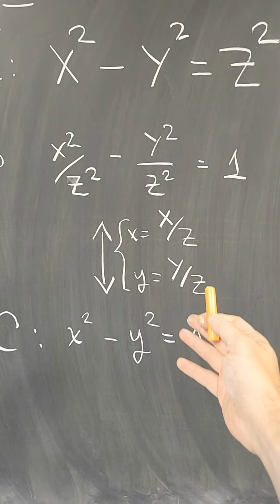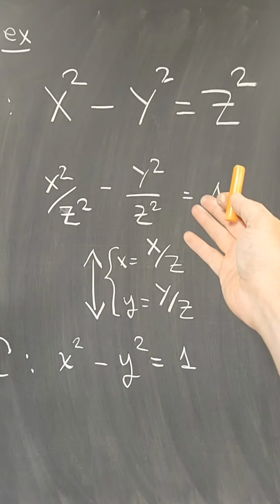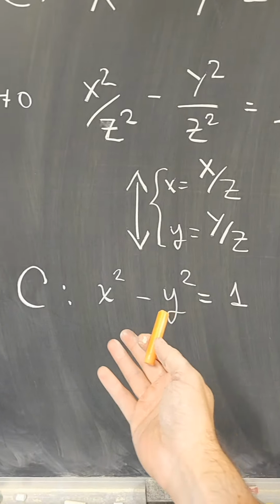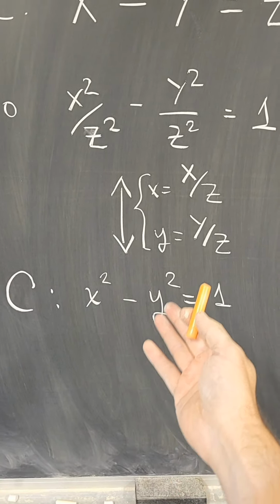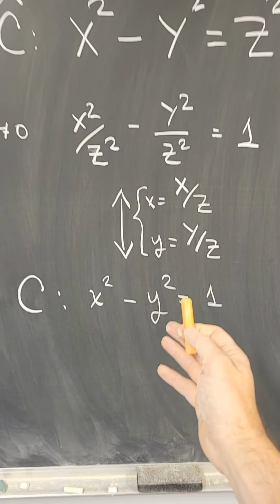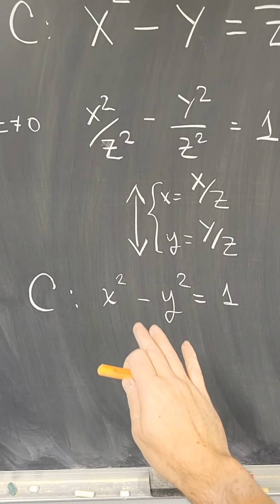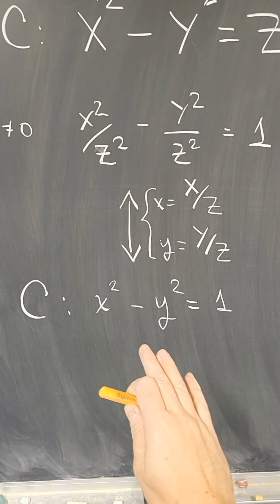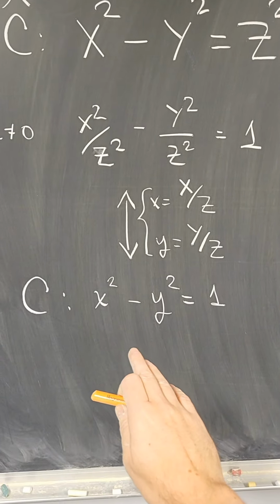Using the same correspondence, the points on the projective curve in this chart are in bijection with the points on this affine curve, x squared minus y squared equals 1, this hyperbola. So this is a projective curve, and this is an affine chart of that projective curve. Or if you want, this is an affine curve, and this is the projectivization of that affine curve.